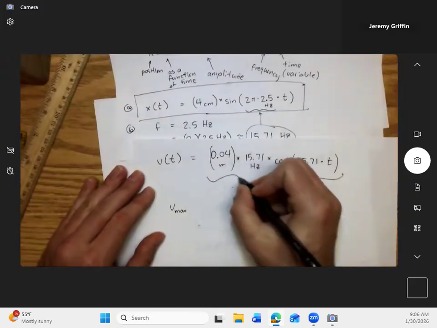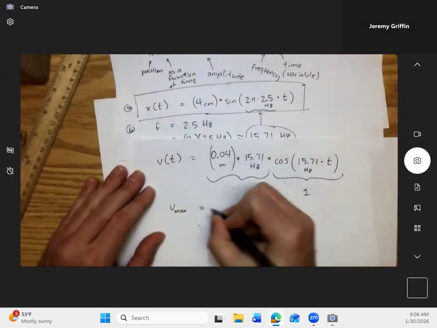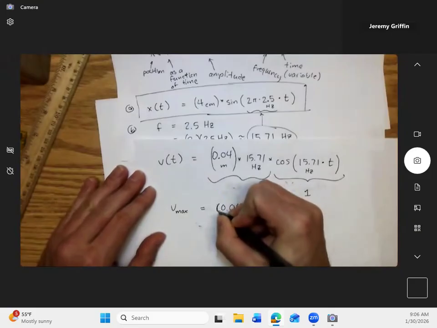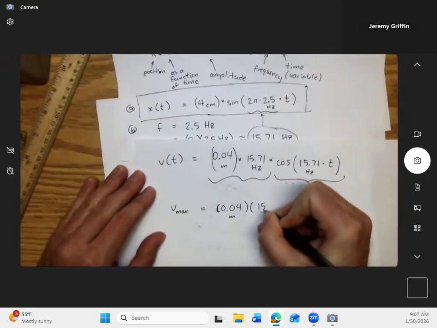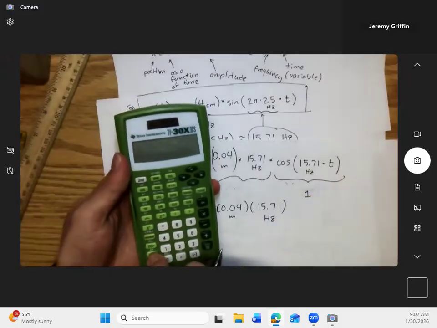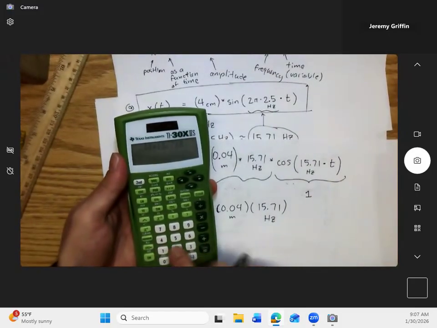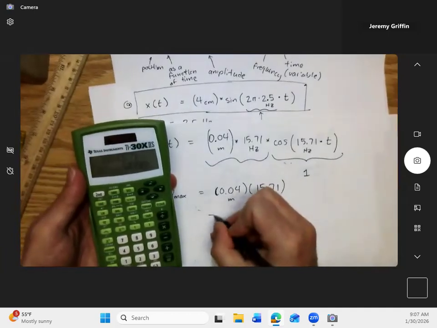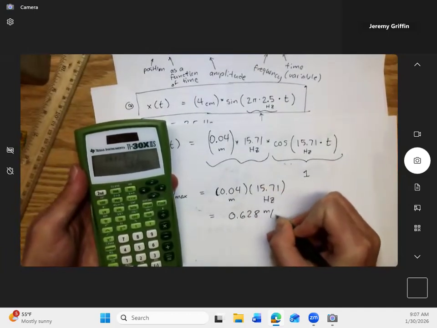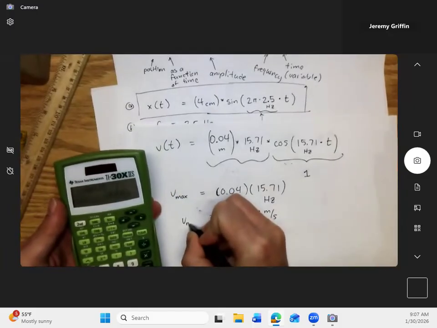So I think the answer is just whatever this comes out to. 0.04 meters times 15.71 hertz. 0.628 meters per second. V max.